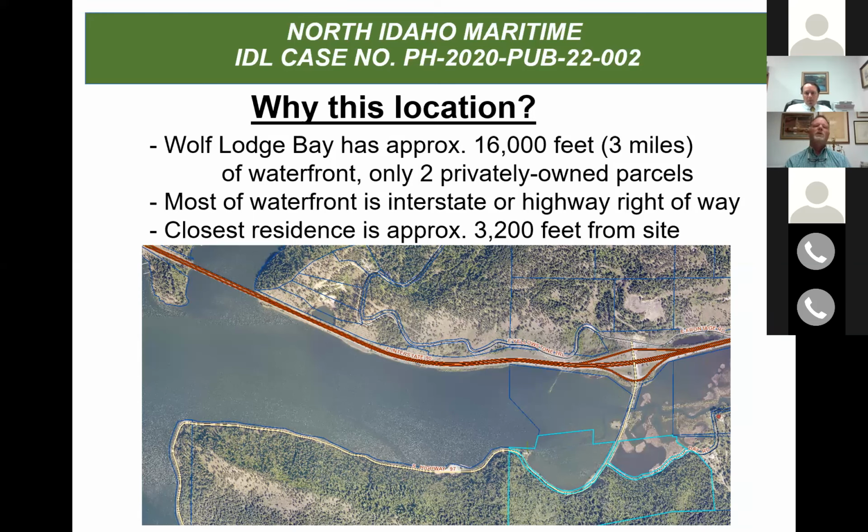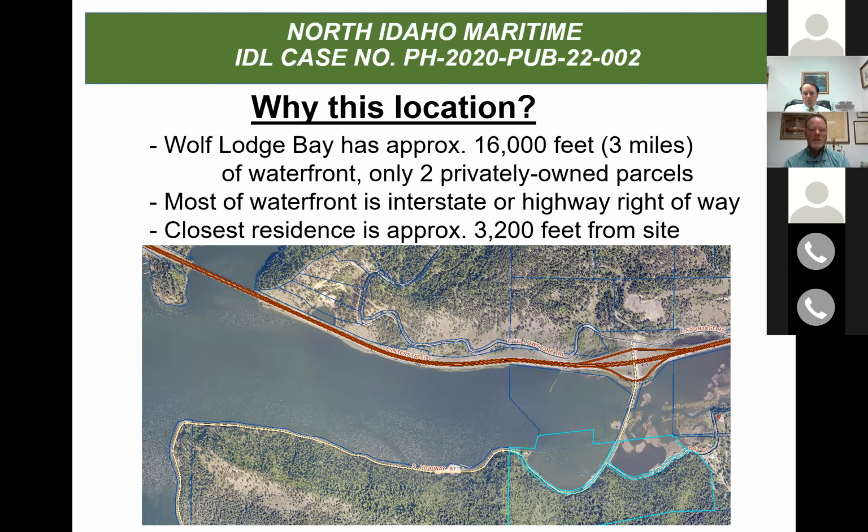There are only 2 privately owned parcels in the entirety of that 3 miles of waterfront. One is this subject parcel. The other is the property just to the north. Most of that waterfront is interstate or highway right-of-way, nearly all of it, except for the little bit that's owned by my client and a little bit that's owned by the property owner to the north.